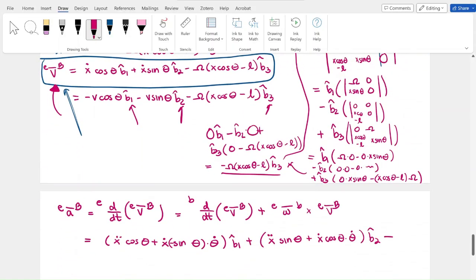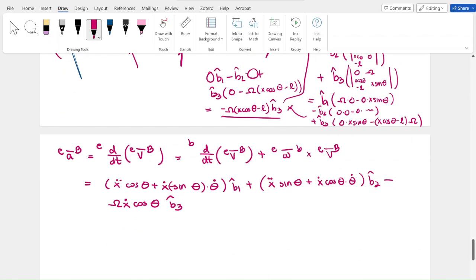So that just means we can simplify this into negative lambda x dot cosine theta B3 hat. Because they're all constants, we treat them as constants. And so that is the third term.